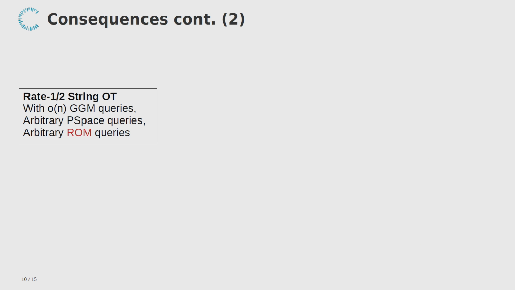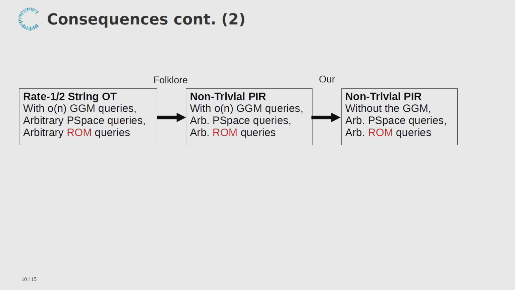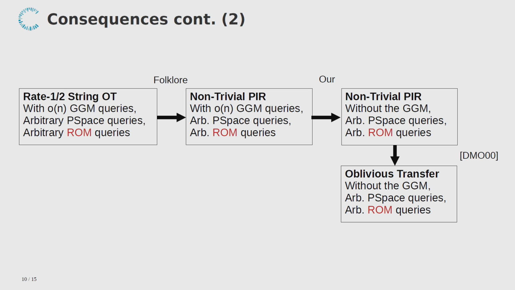We have the OT, turn it into a non-trivial private information retrieval, and remove the generic group model calls. What is left are only the calls to the PSPACE oracle and the random oracle. Then via this transformation, we turn it into oblivious transfer. And via these results, we know that this is impossible. So essentially, we've shown that this communication-efficient string oblivious transfer doesn't exist in these models.